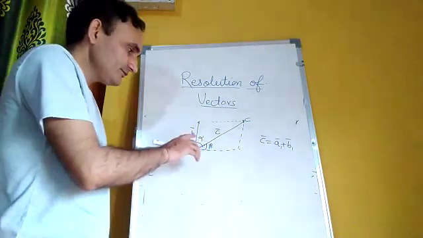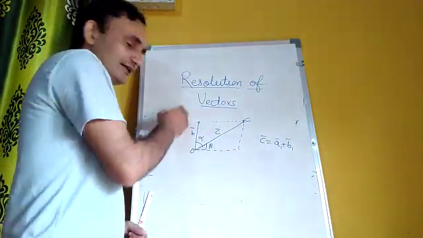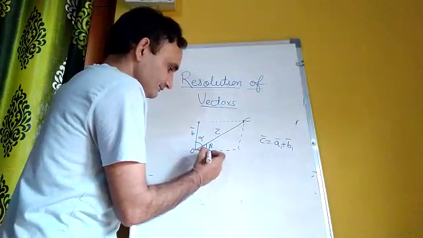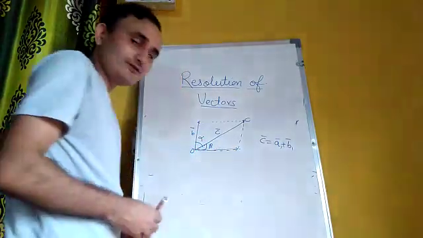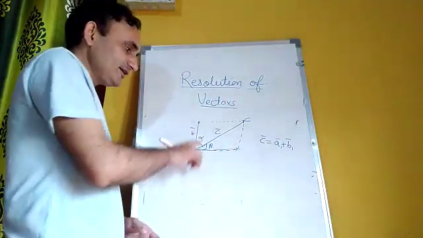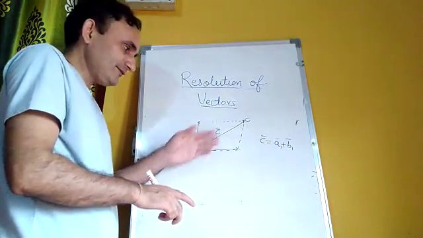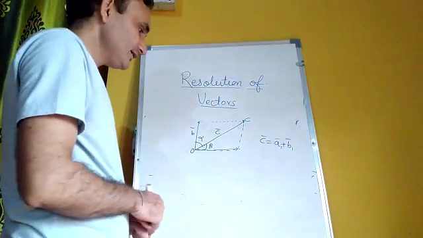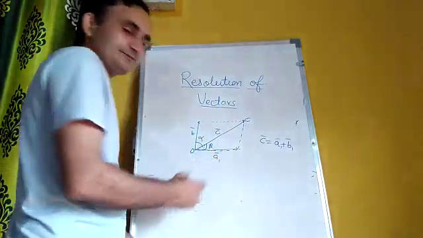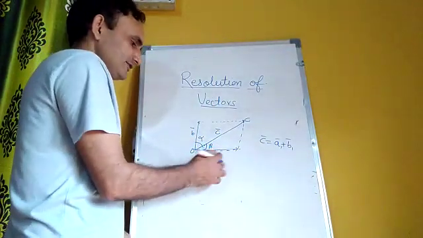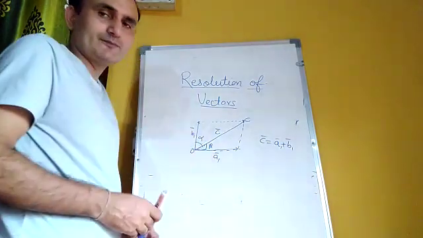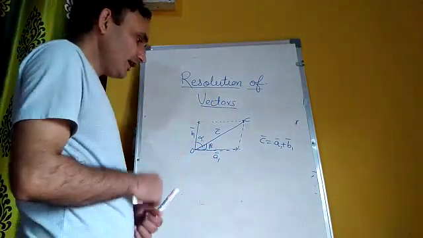Now I don't know this length, and this length I have already chosen. So we are breaking a vector into two vectors at angles alpha and beta with the original vector. Now suppose we choose this to be A1 and this to be B1.